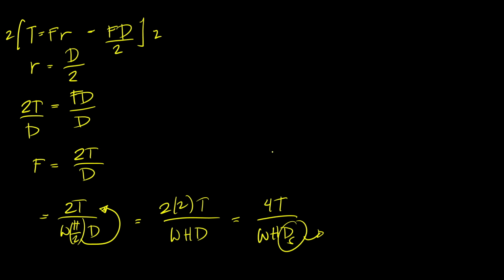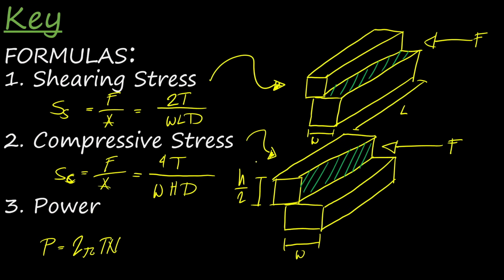Okay. So here we have the number 3 formula. We have power. So power is just the power provided or experienced by the key itself. We have power in watts and T as torque in Newton meter, and then RPM, revolutions per minute.